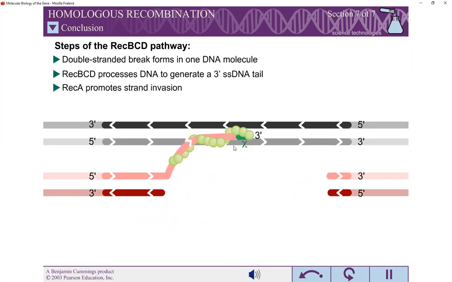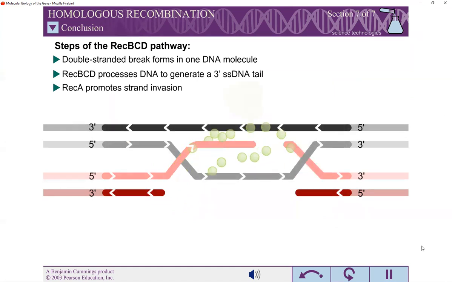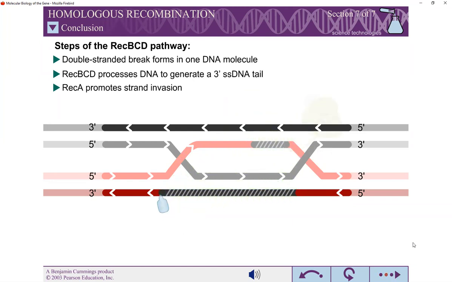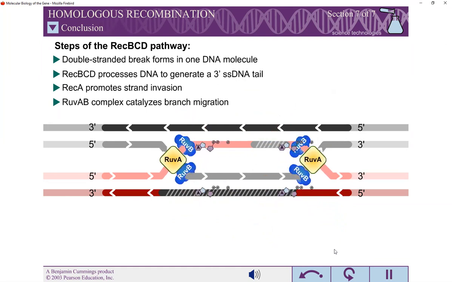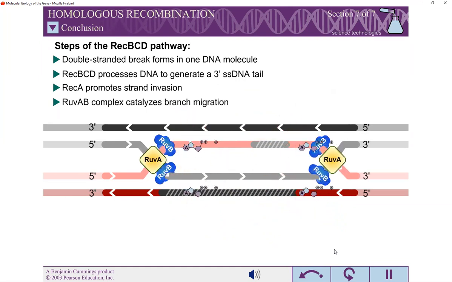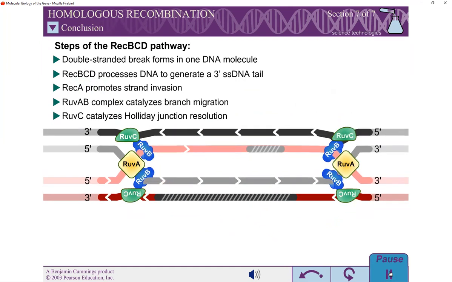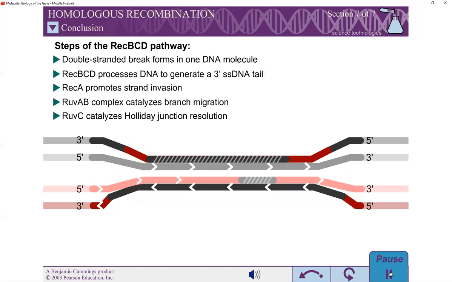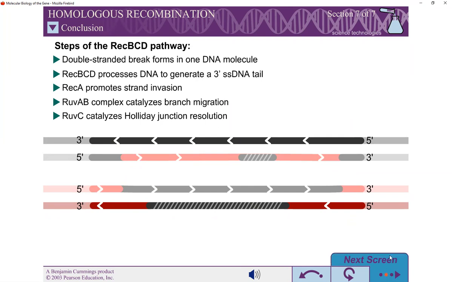RecA promotes strand invasion. Then the RuvAB complex catalyzes branch migration. Once the branch has been migrated, finally, RuvC catalyzes Holliday junction resolution. This is the resolution of the Holliday junction that has taken place.